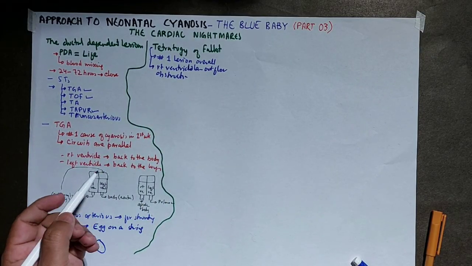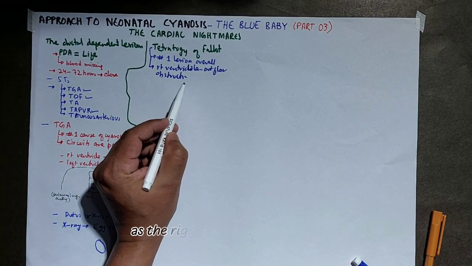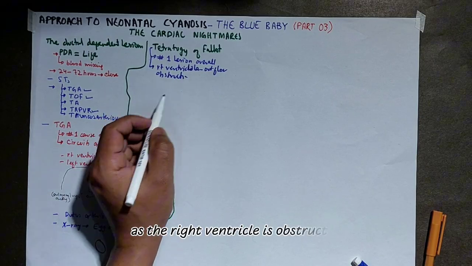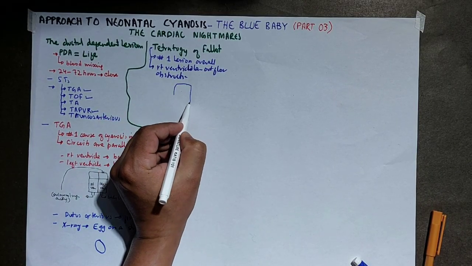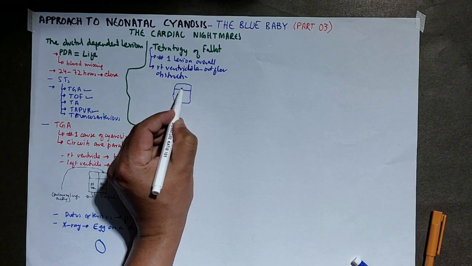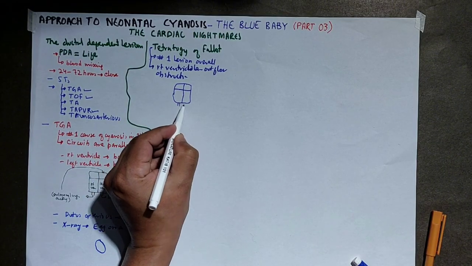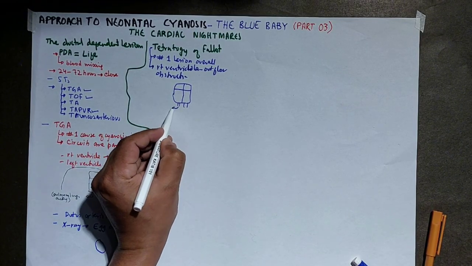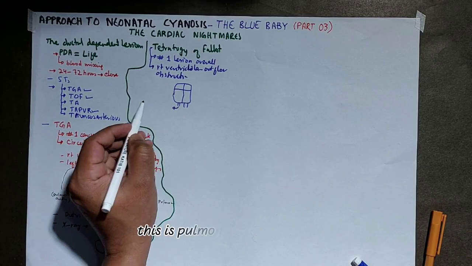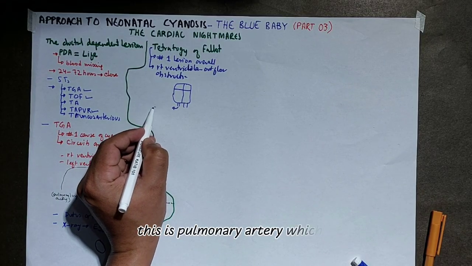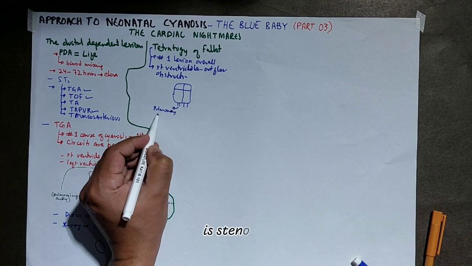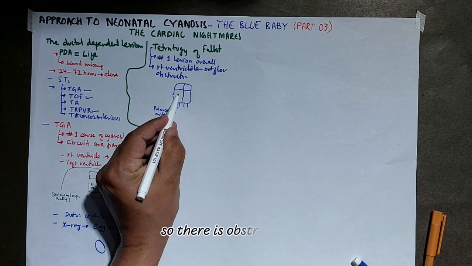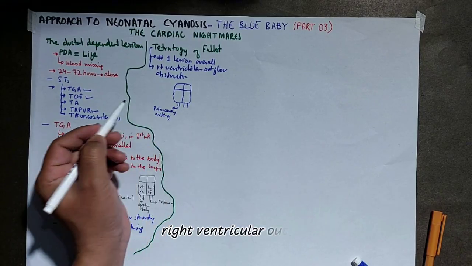Let me draw a diagram. This is the pulmonary artery which is stenosed. So there is obstruction in right ventricular outflow.